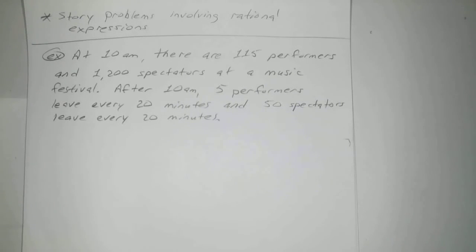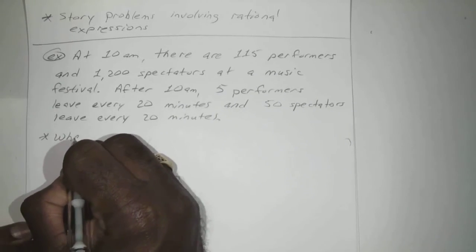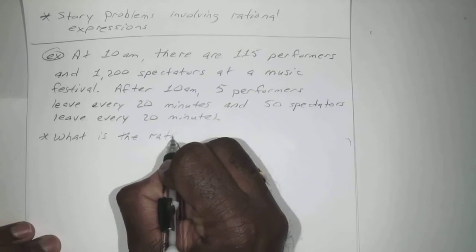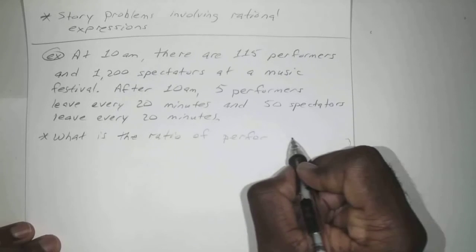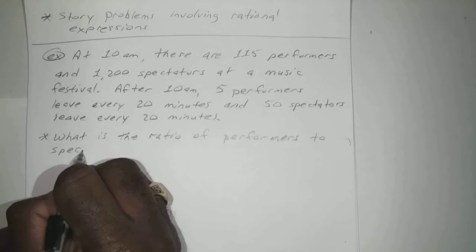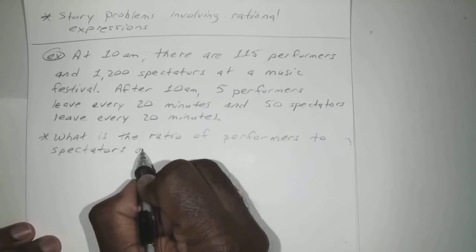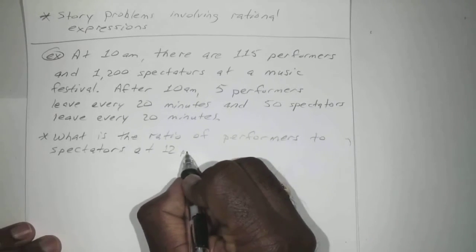Let's say we want to know, bless you, what's the ratio of spectators to performers at noon? At 12 p.m.